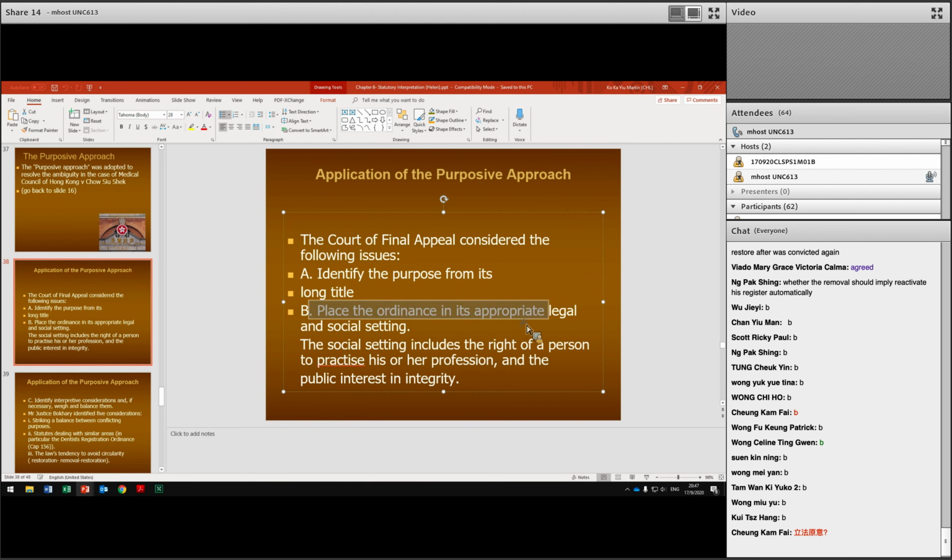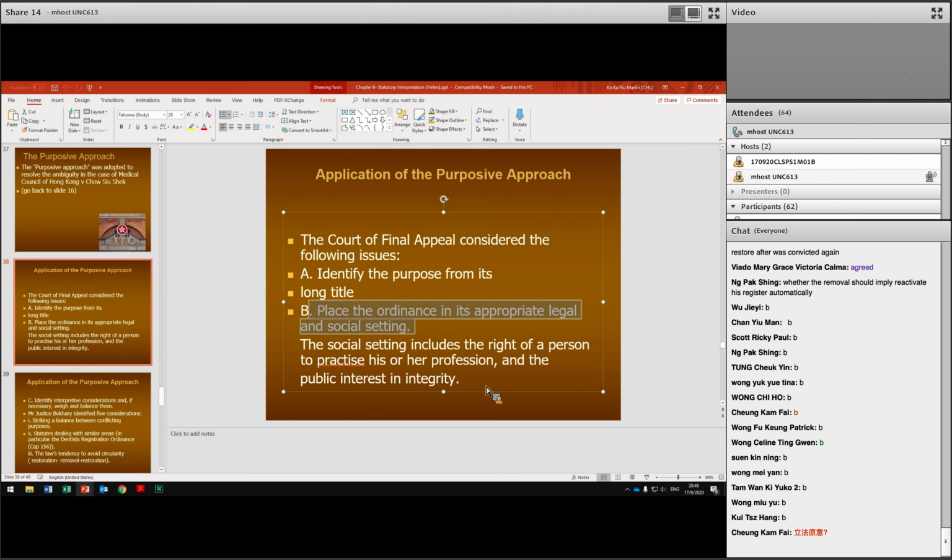B. Place the ordinance in its appropriate legal and social setting. So the social setting includes the right of a person to practice his or her profession. It's the right of the member. Okay, it's the right of the doctor. It's the right of the lawyer. He has the right to practice because he has spent so many years in getting the professional qualification.